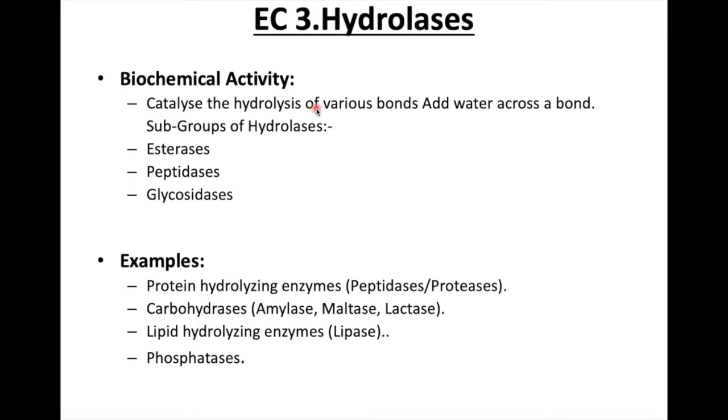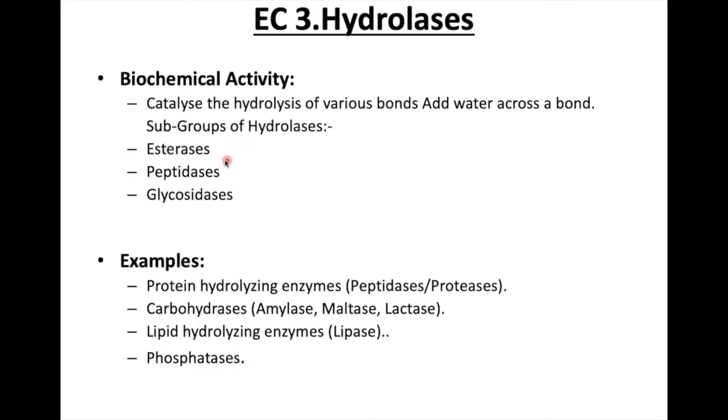With the addition of water across a bond, the substrate is broken down into two smaller molecules. Hydrolysis is of various types: it may be esterases, peptidases, or glycosidases. It depends upon the substrate on which they act.